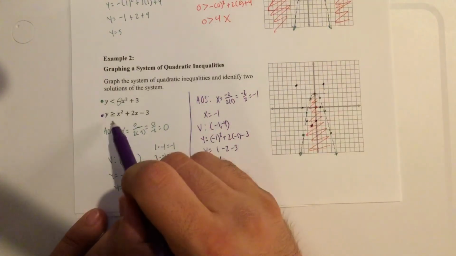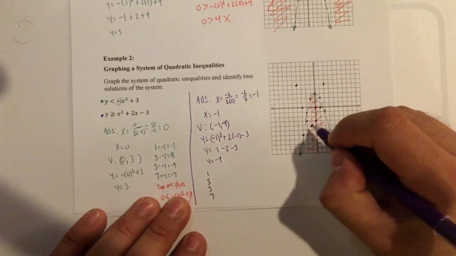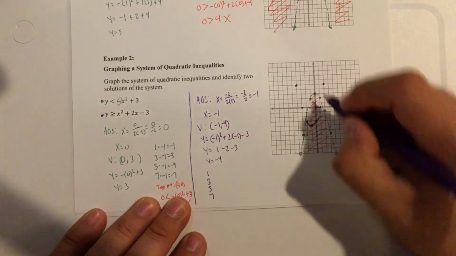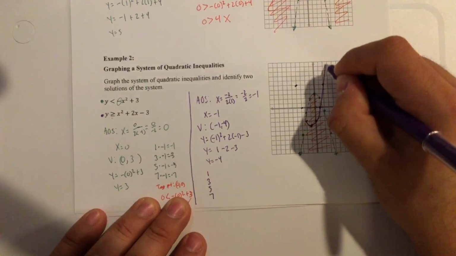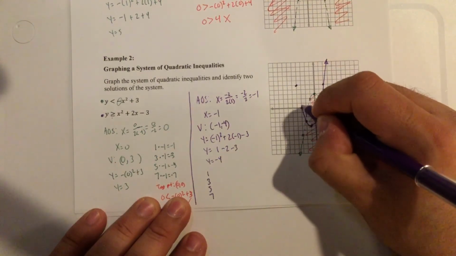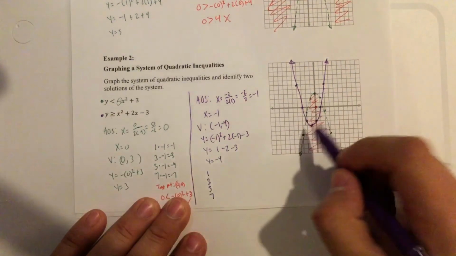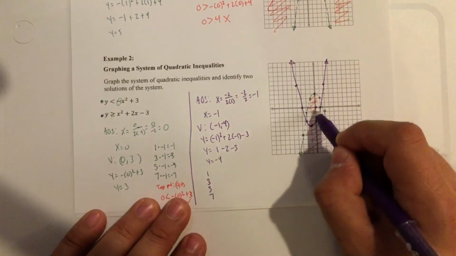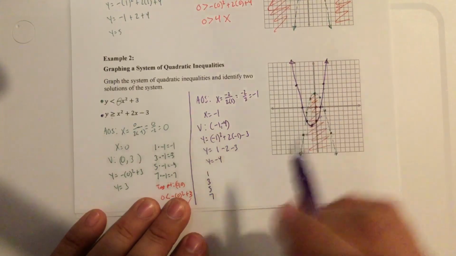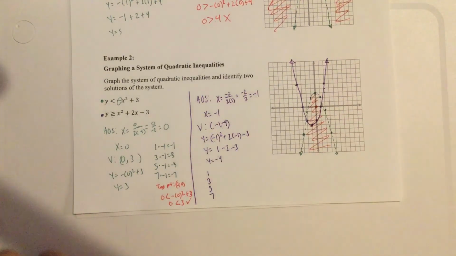All right, this is an equal bar, so we make it a solid line. And since it says greater than, if we shade above it, it should be this region right here that's inside where they intersect.